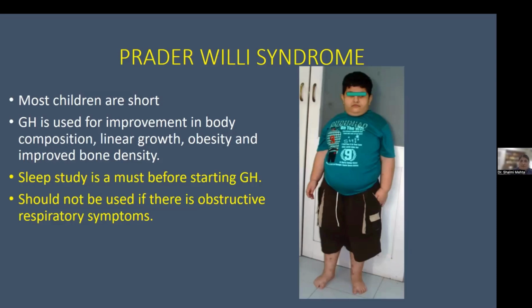In Prader-Willi syndrome, we have started using growth hormone as young as 3 to 6 months with strict monitoring. And remember, a sleep study is always a must, because we do not want to have any obstructive respiratory symptoms before we start growth hormone treatment. But here, primarily, growth hormone is used for its metabolic benefits rather than for gaining height, which definitely does happen though.